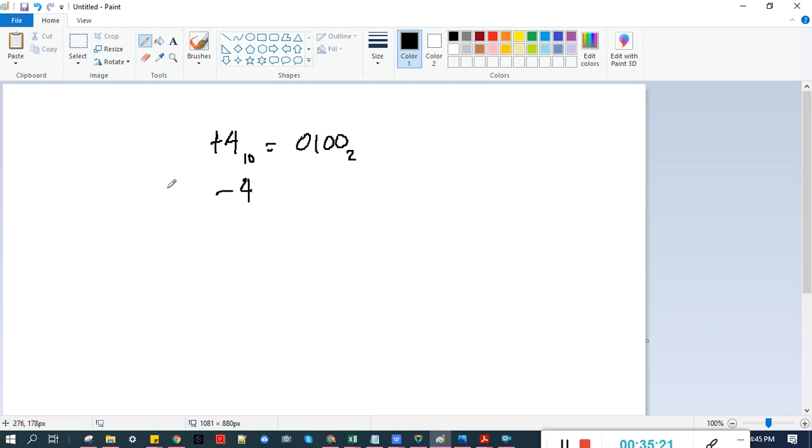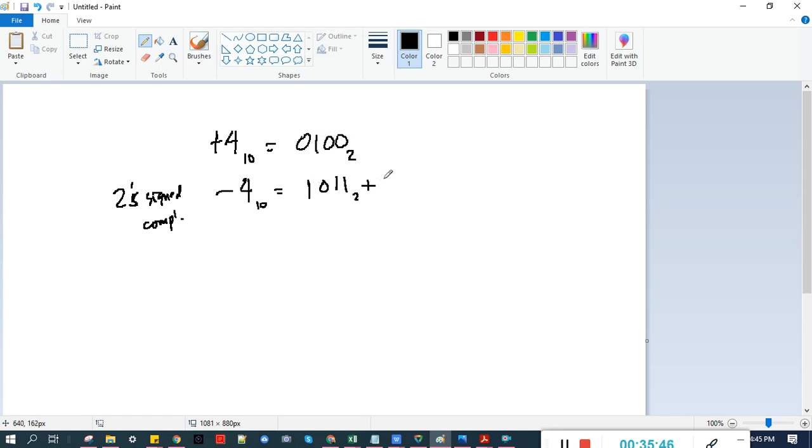So for negative 4 using signed 2's complement, we take the 1's complement, which is 1 0 1 1. The 1's complement is just the inversion of each bit.